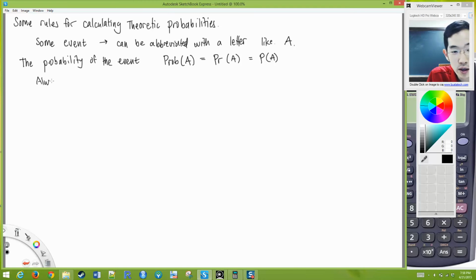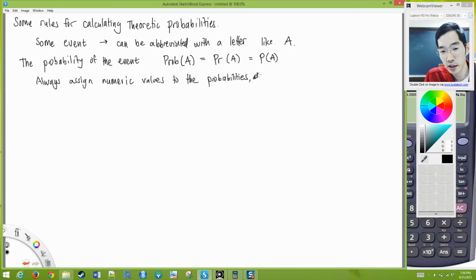Always assign numeric values to the probabilities and not the events themselves.